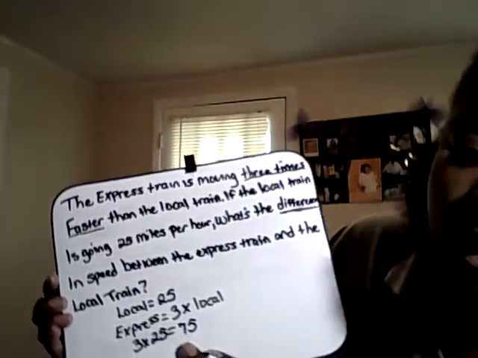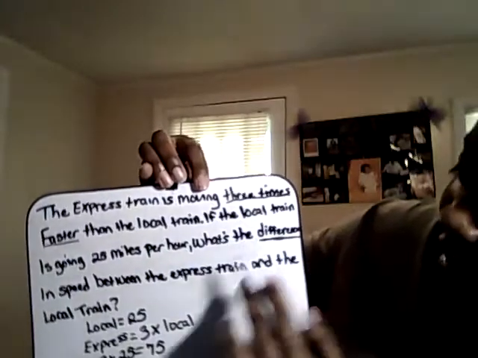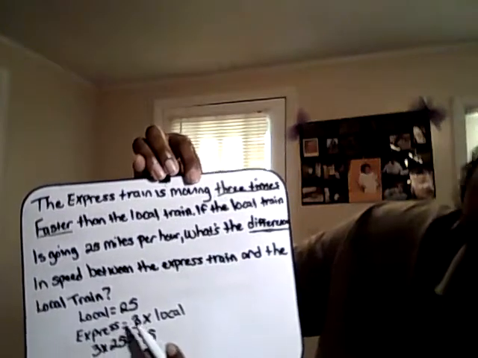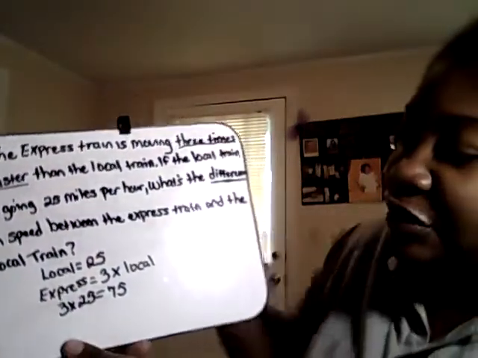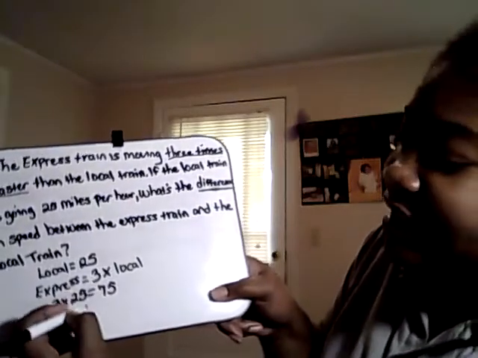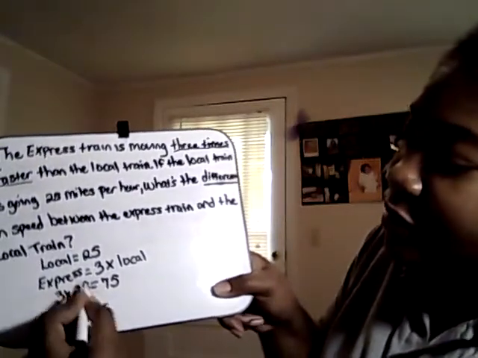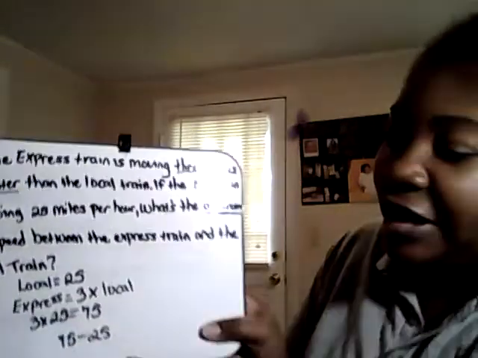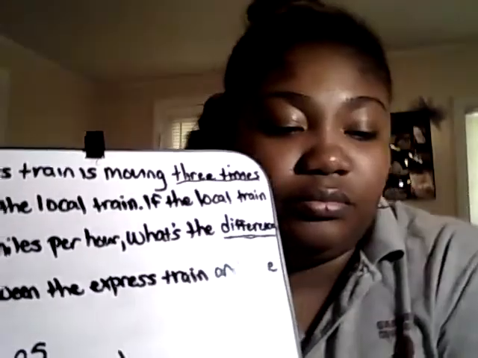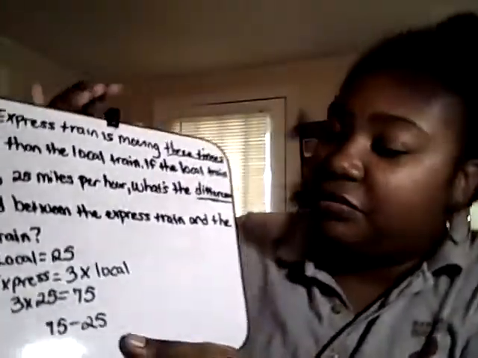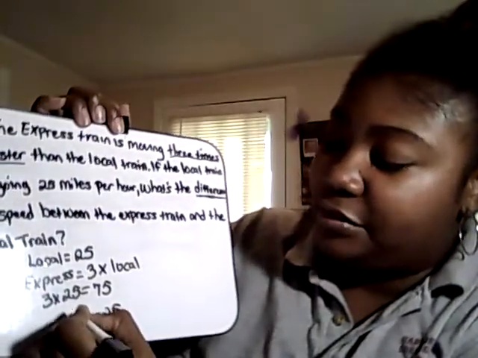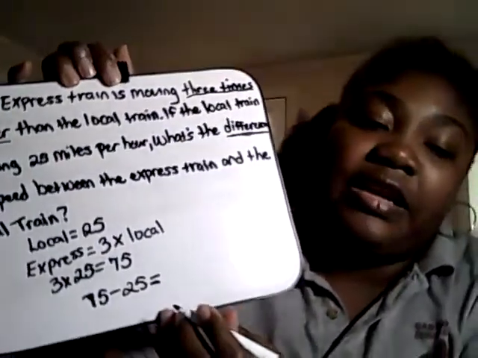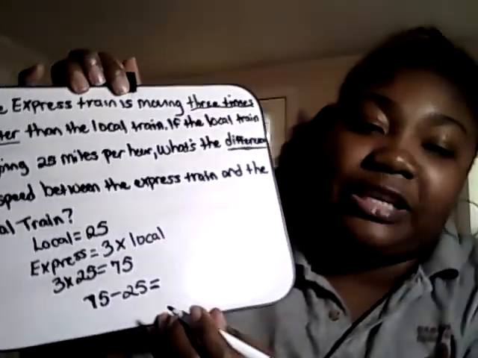But now we're going to have to subtract, because it says what is the difference in speed between the express train and the local train. So we have the speed of both trains. Now we've got to figure out the difference between them. So in order to do that, I have to say the express, which is 75, different, subtraction, minus 25, right? 75 minus 25 is, if you said 50, you are correct.